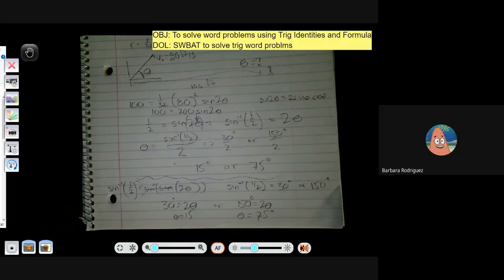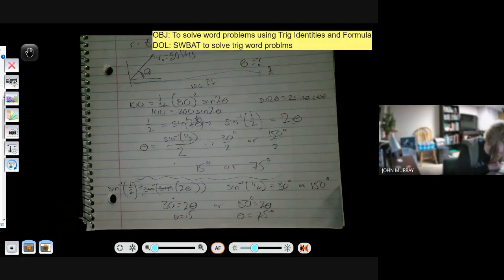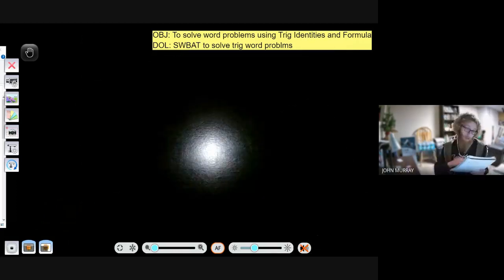Can you go over a find-the-exact-value problem? Okay, yeah. Give me 1 second. Let me look for one. Find the exact value using angle addition and angle subtraction.